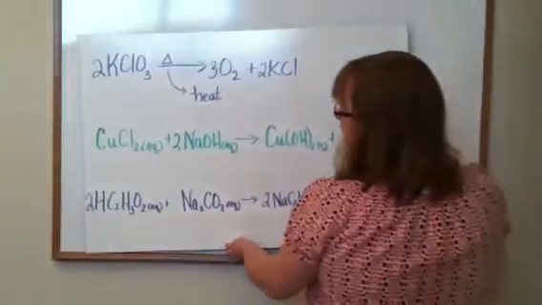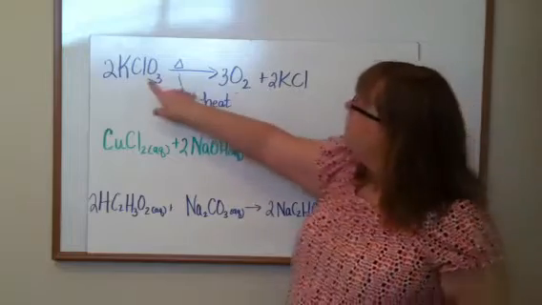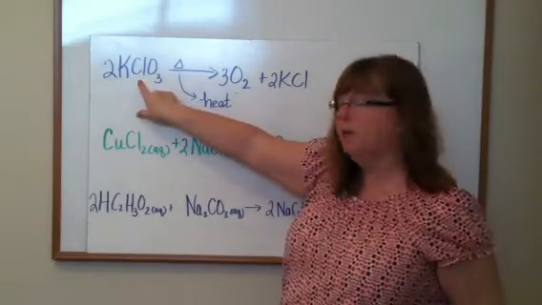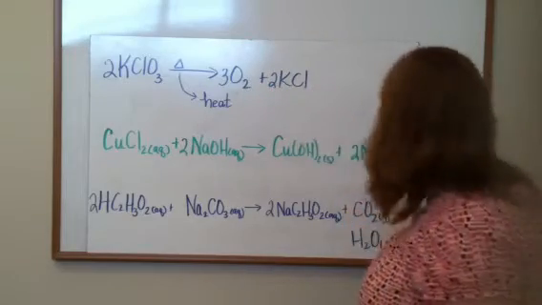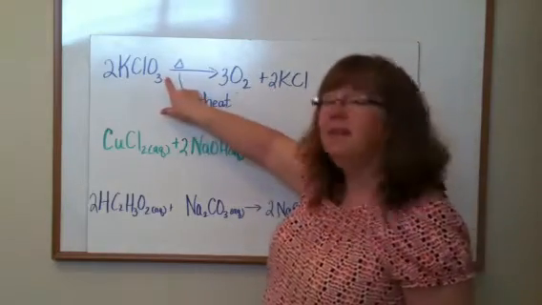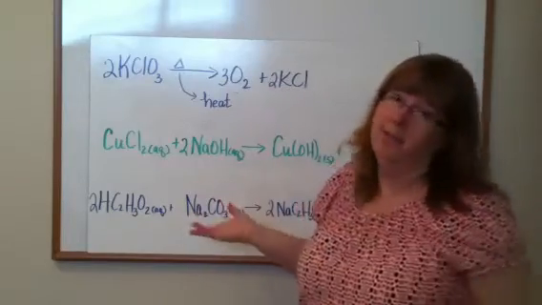All right, and then we have one more symbol I want you guys to look at. Sometimes when you put something over the arrow, you may see a little triangle. So here we've got potassium chlorate as our reactant. Our products are oxygen and potassium chloride. Notice this time I didn't write the states of matter down here. So sometimes they're there, sometimes they're not.